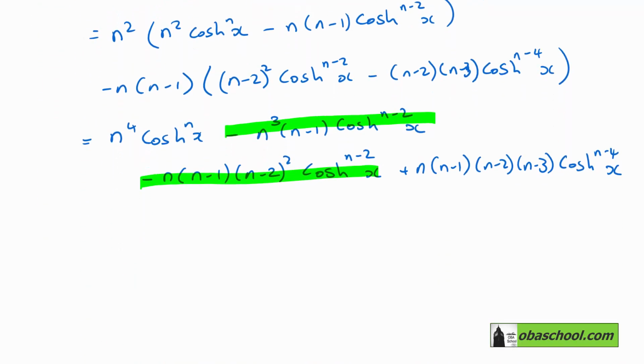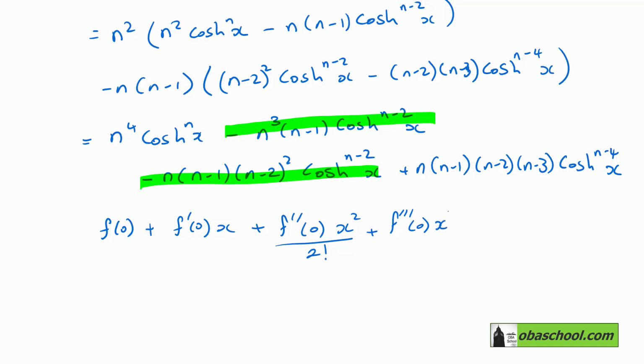So we know that the Maclaurin expansion will be f of 0 plus f dashed of 0 x plus f double dashed of 0 x squared over 2 factorial plus f triple dashed of 0 x cubed over 3 factorial, and f 4 of 0 x to the 4 over 4 factorial, and so on.